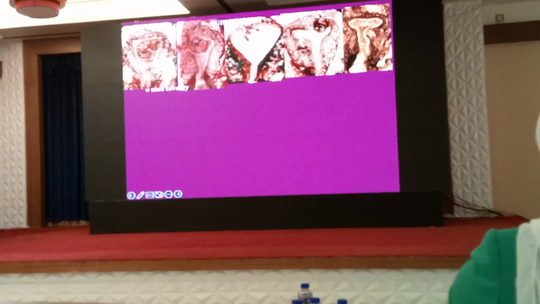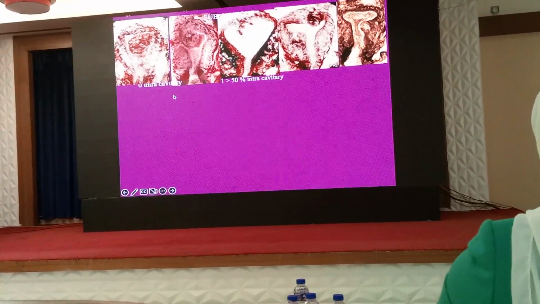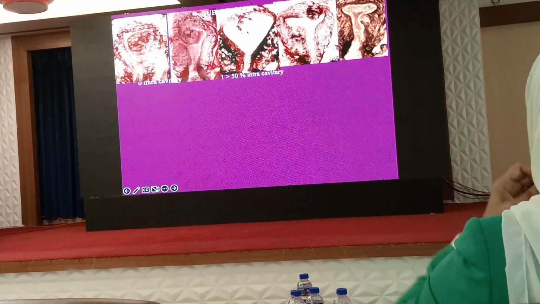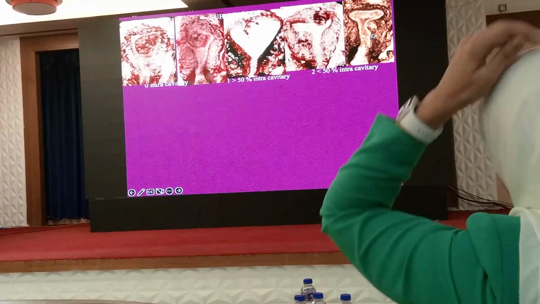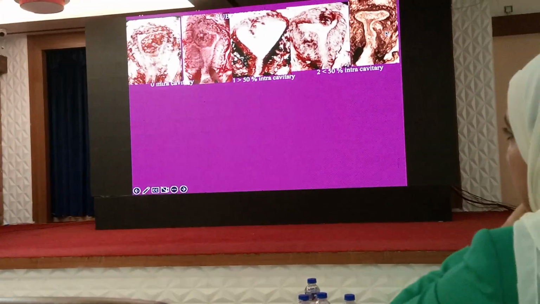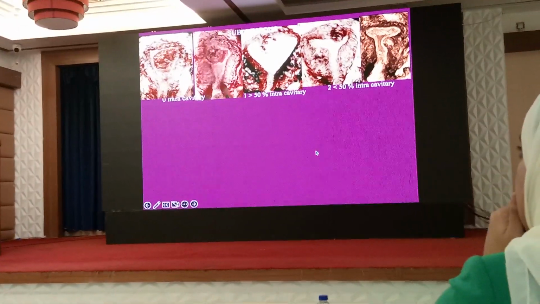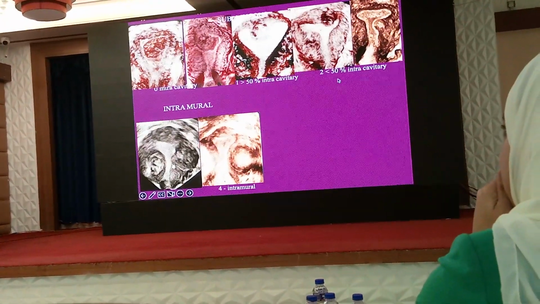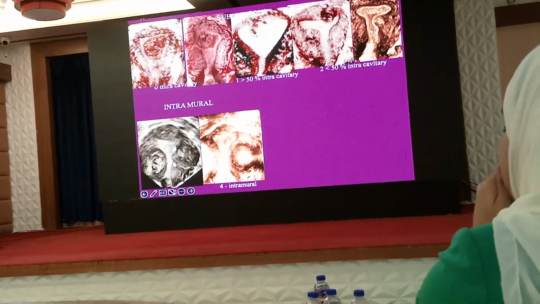Now, when we are using the FIGO classification, we can say that these are completely growing into the endometrial cavity, which is type 0. More than 50% of them are going into the endometrial cavity, or less than 50% in the intracavity. So the bulk of the tumor is in the myometrium, but less than 50% is going into the endometrial cavity, and that actually helps as a decision factor for what type of surgery we need.